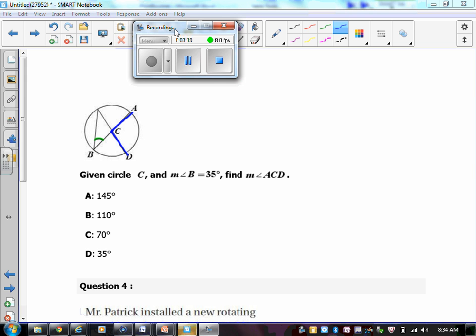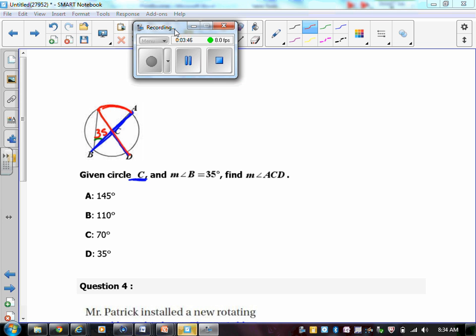You know this is the center of the circle because it says circle C. That means this would be the diameter of the circle, and also this would be the diameter of the circle. So knowing angle B is 35, I would be able to find what this arc is.